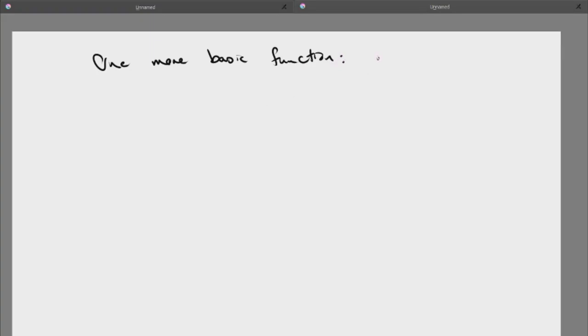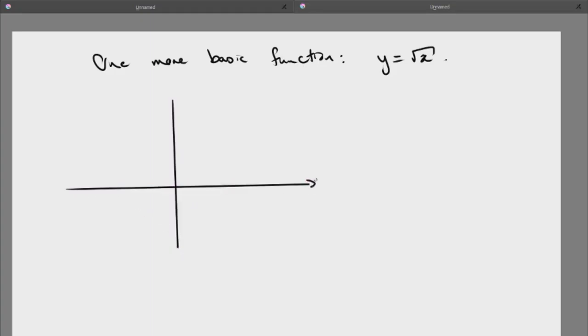One more basic function, and it's going to be the square root function. A little bit different in that it's not defined for all x values. Not defined for negative x values.